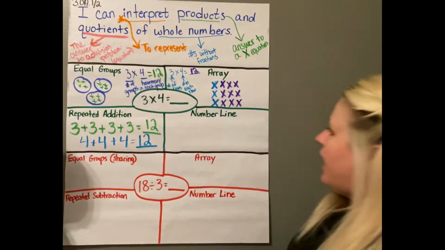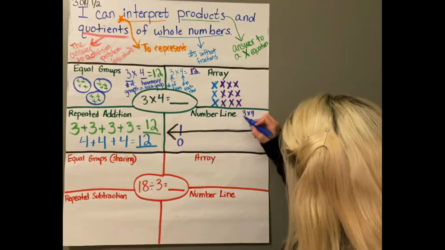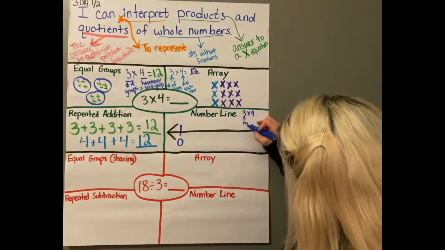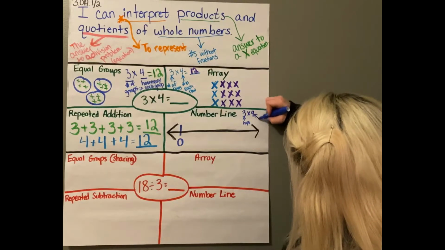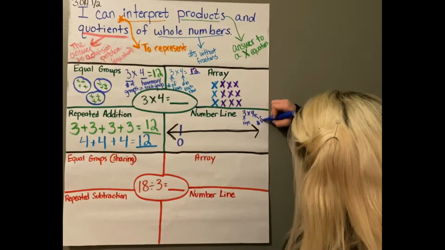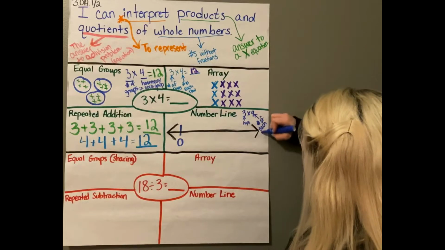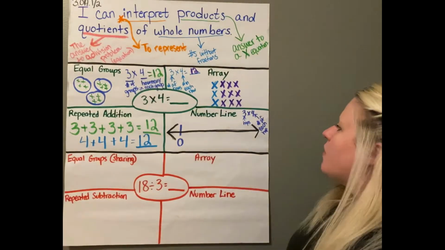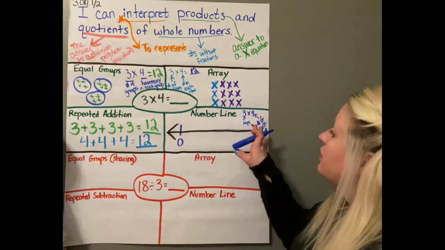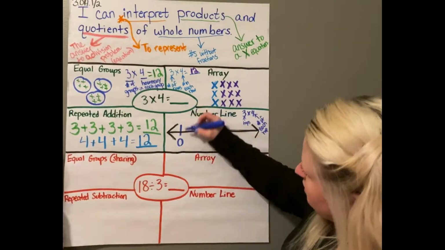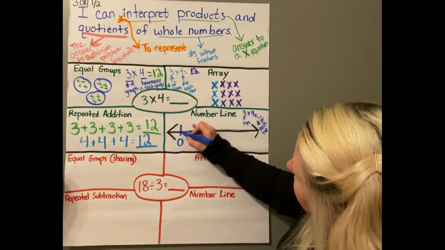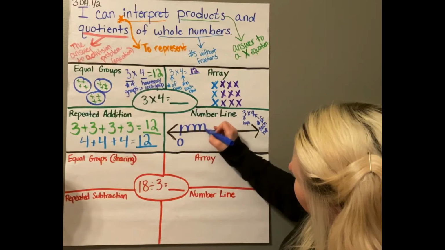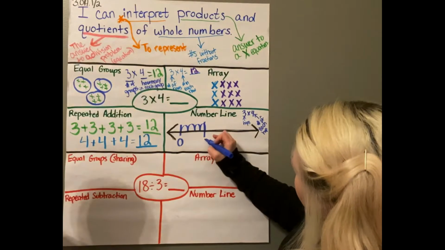Next strategy is your number line. So hops, number of each hop. So we're going to start with 0. The number in each hop is 4. And we're making 3 of them. So that's going to mean that our first hop, 1, 2, 3, 4, is going to end up being 4.